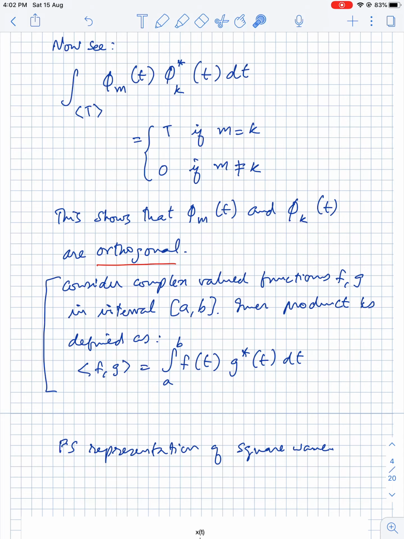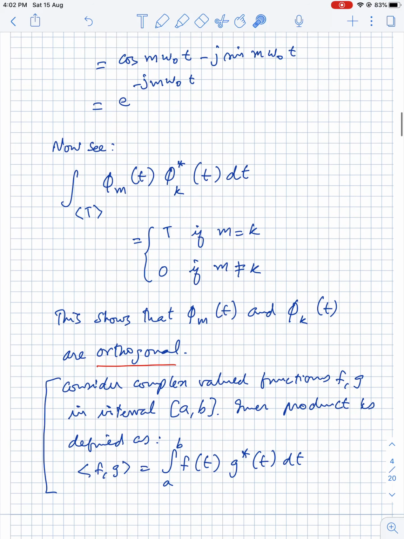So when the functions are complex valued, you take the first function and the complex conjugate of the second function, and do this over the period which we are looking at, here a b. This forms the inner product, which is essentially what we have done here.